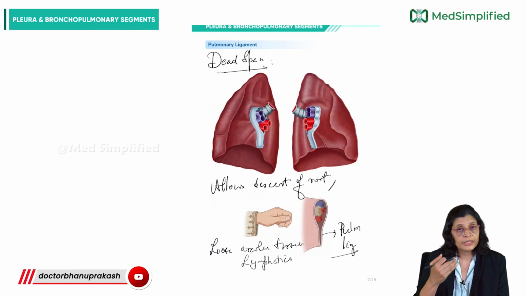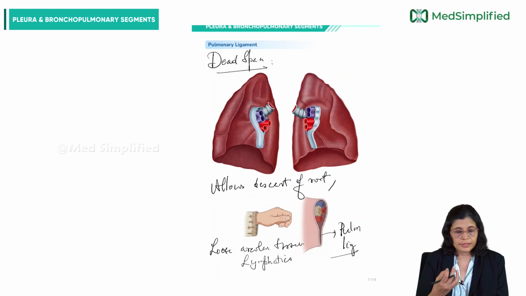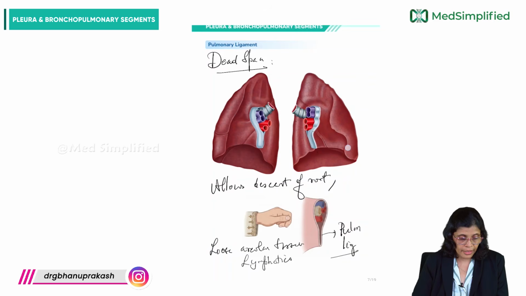Because it is descending like that, the apex of the lung will come down from the suprapleural membrane, leaving an empty space below the membrane in the apical part. So that is about this pulmonary ligament.